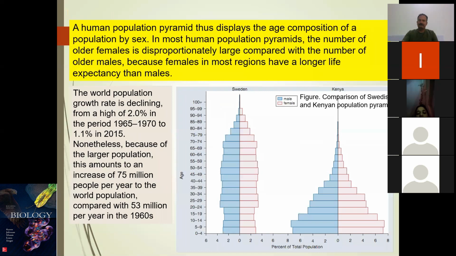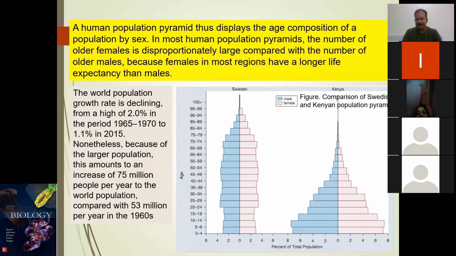You know about Sweden. Sweden is a Scandinavian and European country where the population trend is moving towards negative figures. Whereas in Kenya, you can observe the population is growing highly.